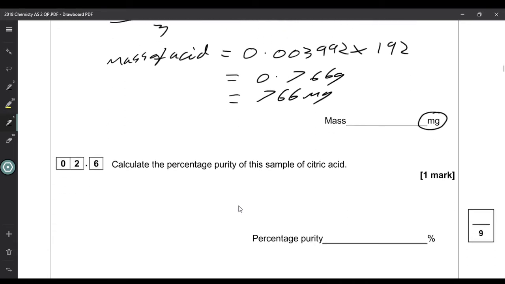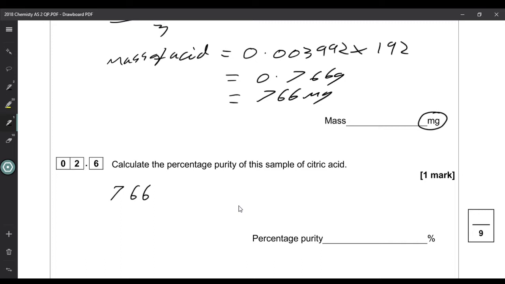So the final part of this question asks us to calculate the percentage purity of this sample of citric acid. So we know that we've got 766 milligrams of citric acid, but at the start of the question it says that we had a sample of 784.